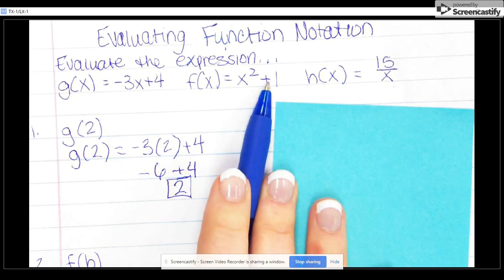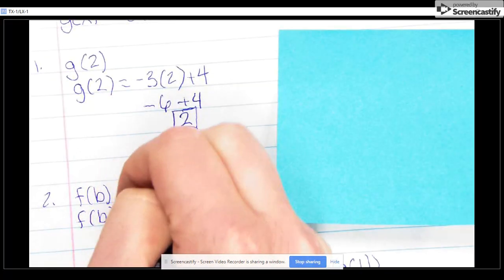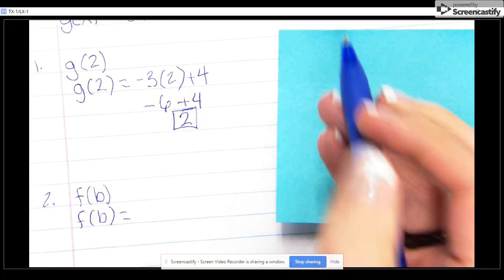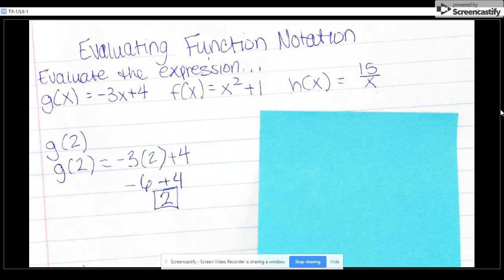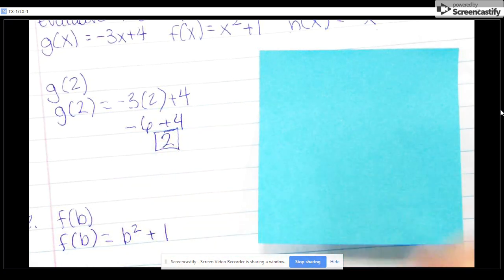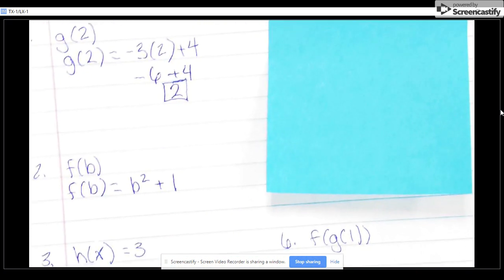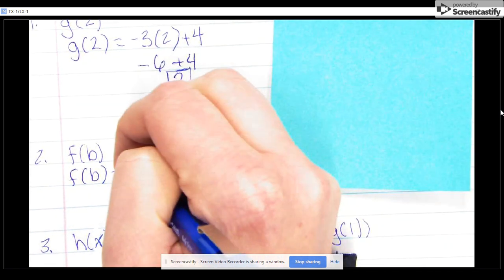So I see I need to use this equation. So I have f of b is equal, and then instead of x, I'm going to put b. So I'm going to put b squared plus 1. And I can't do anything else. So that is my final answer.